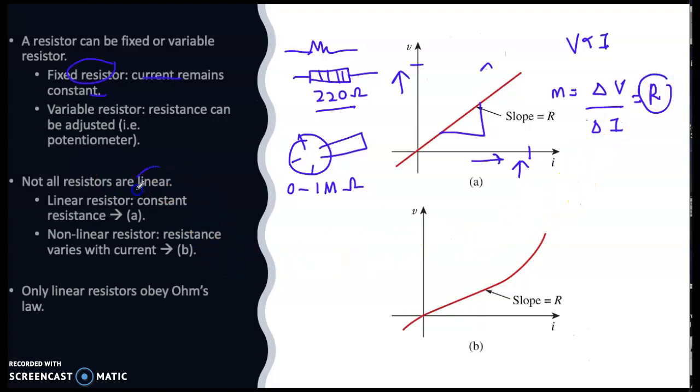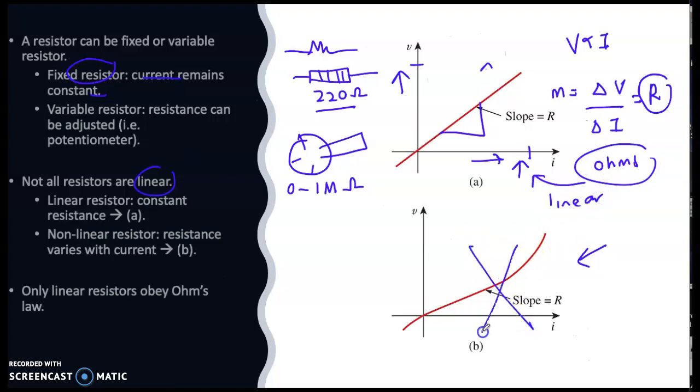So not all resistances are linear. This is what we call a linear graph. But there are some resistors that are non-linear like this. So Ohm's law only applies to a linear resistor. Ohm's law cannot apply to a non-linear resistor.